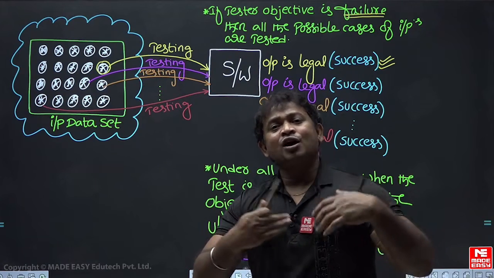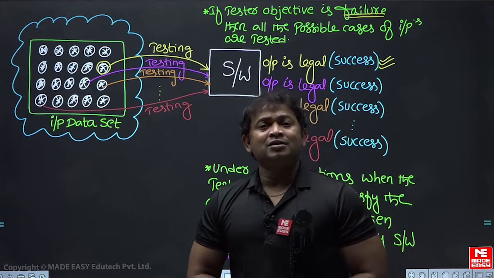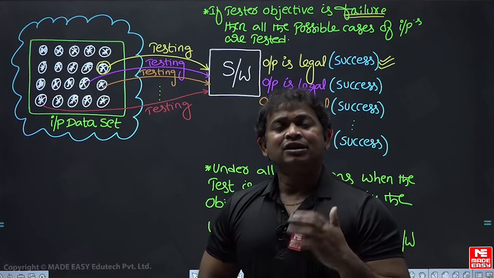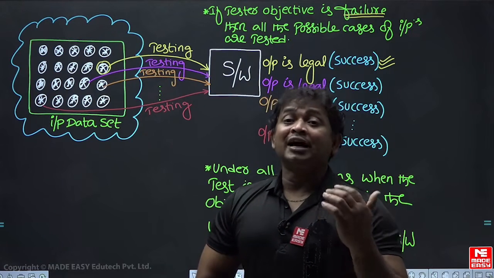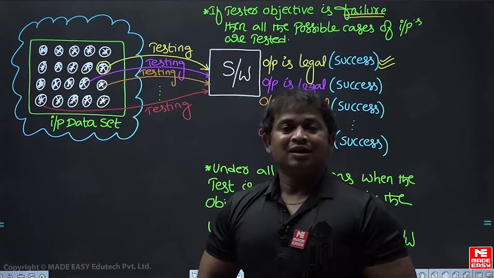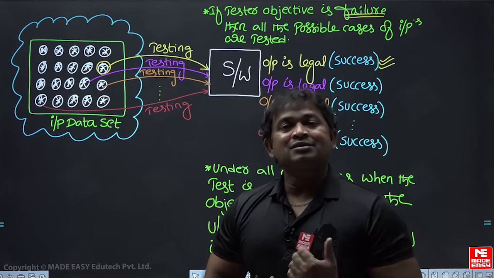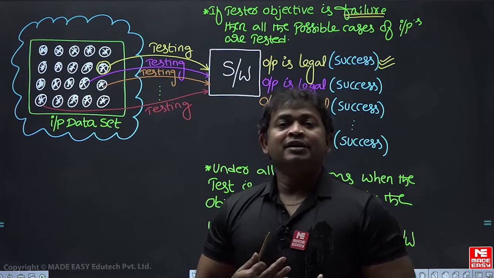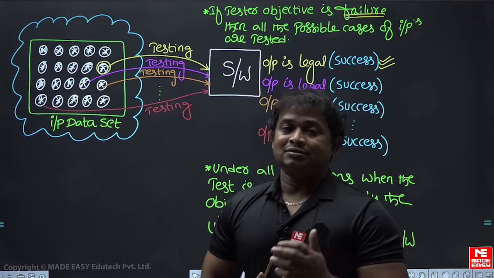Like this, all possible inputs are tested. Under all cases, if the tester is unable to satisfy the testing goal, ultimately the system is a success. There is no possibility of overlook if we set the objective like this.